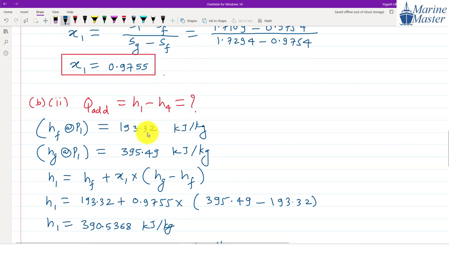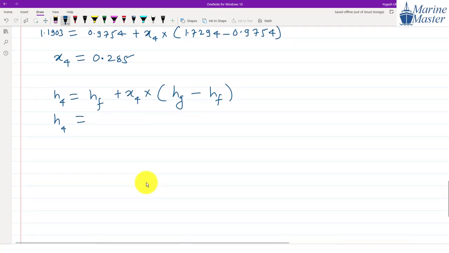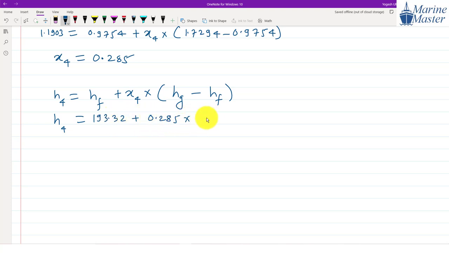That is 193.32 hf at P1, and hg at P1 is 395.41. So hf is 193.32, x4 is 0.285, and hg is 395.41. Check your values guys. And hf is 193.32.